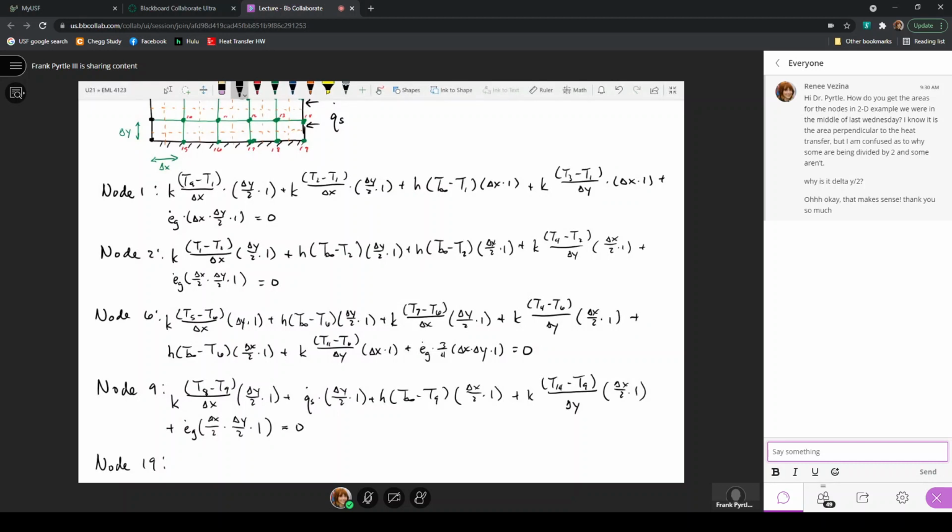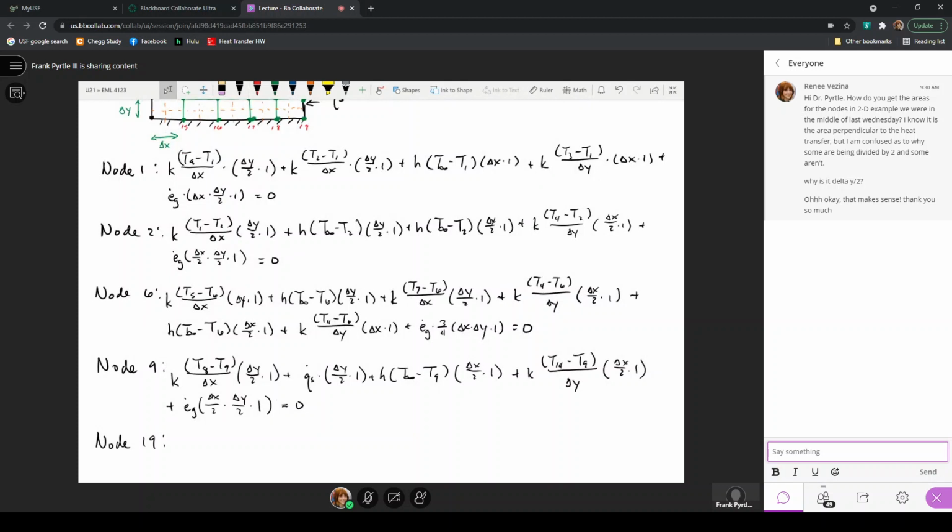There's heat transfer from node 18 across this boundary that's delta Y over 2 tall. There's heat transfer from node 14 across this boundary that is delta X divided by 2. And there's a heat flux on the right-hand side through an area that is delta Y divided by 2. And of course, we have also the generation.